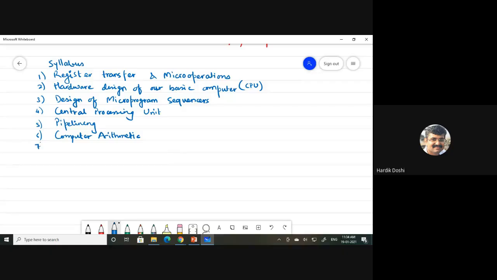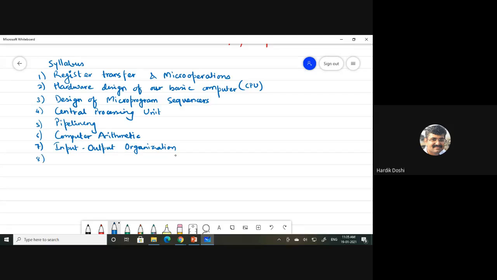Then next, you have input-output organization, because in our system we need to have some input-output organization. That means input-output devices are attached to our computer, so how do they work? That is the last, 7th unit.